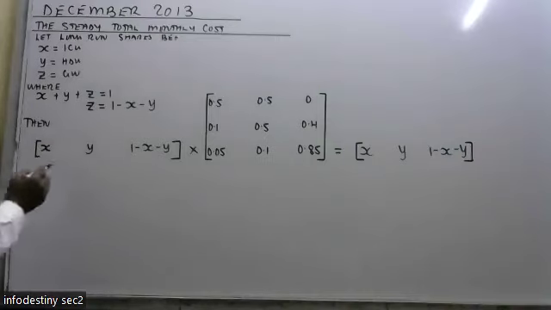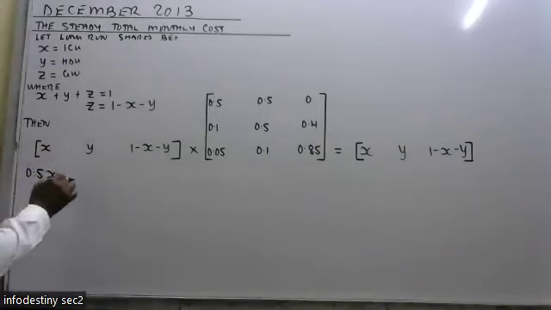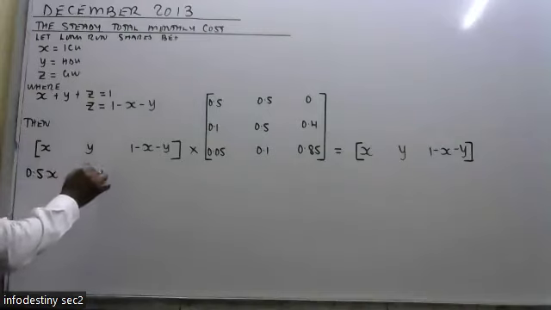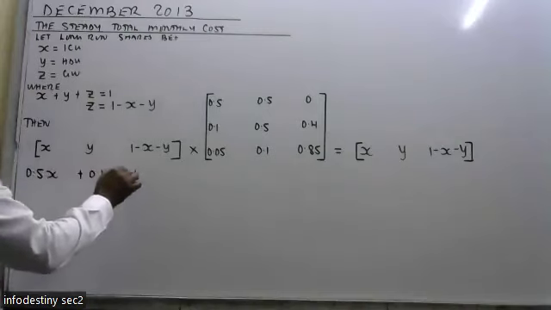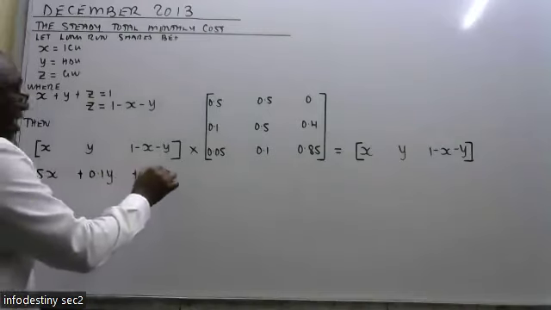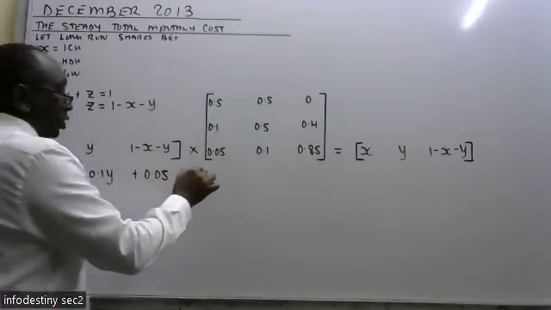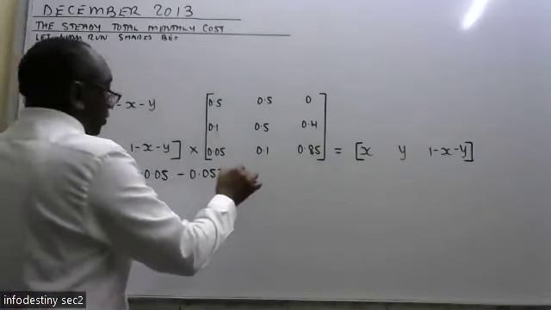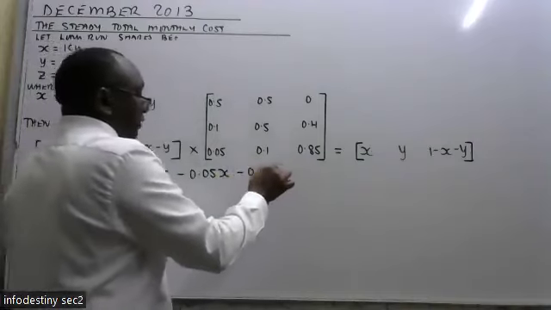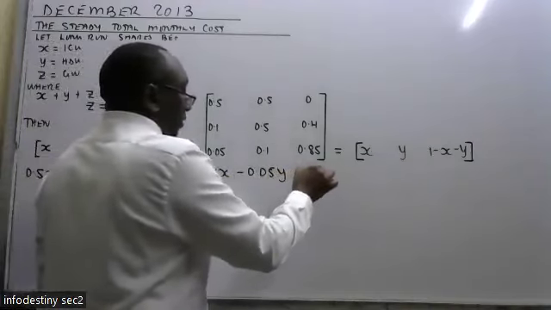So in solving this, you should be saying 0.5x plus 0.1y plus 0.05 minus 0.05x minus 0.05y is equal to x.